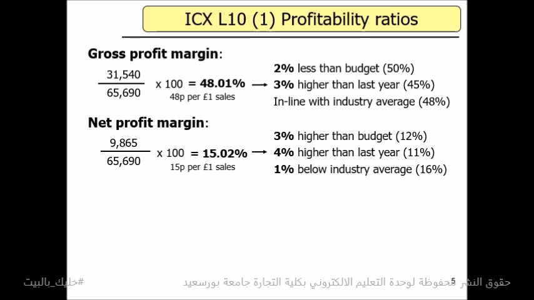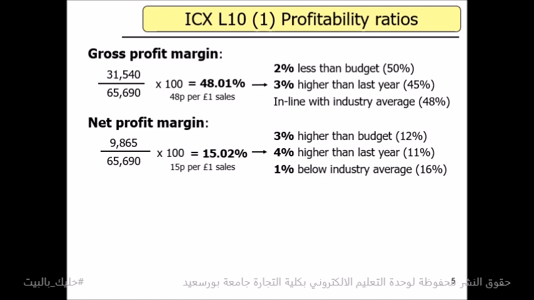As we said before, the gross profit was equal to 50% in the expected year, which means that the gross profit for this year is less than the expected gross profit by 2%. So it's 2% less than the budget.